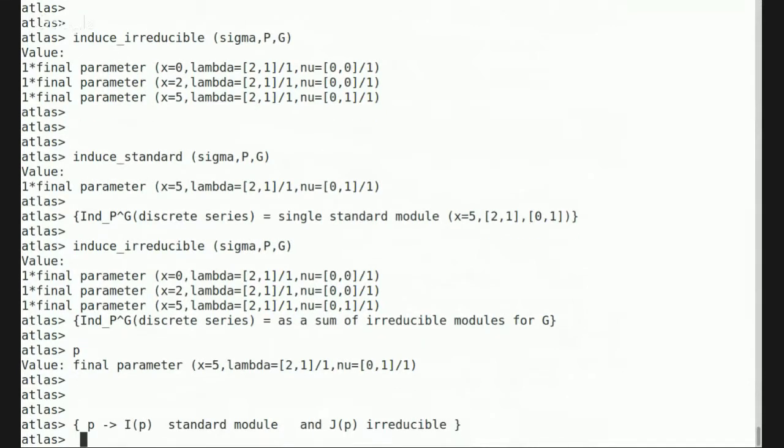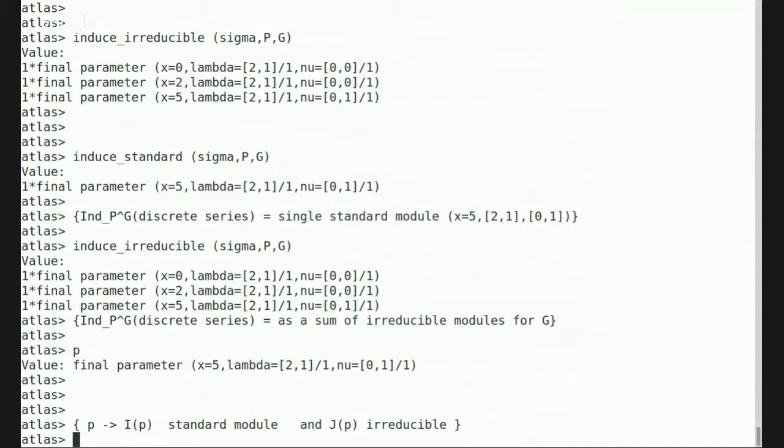And in the old days, and still a lot today, for these various commands that we have, the arguments are parameters, and sometimes they're viewed as standards and sometimes they're viewed as irreducibles. And it depends on the context. I'm in the process of implementing a distinction between them, which will help to clarify that.